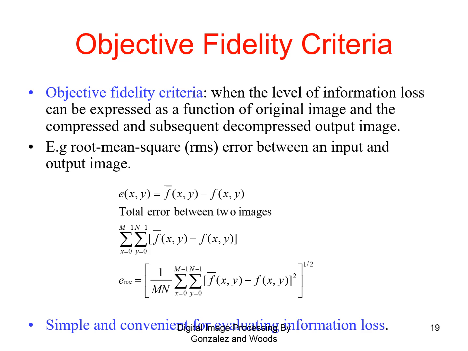The root mean square error between input and output image is given by e(x,y) = f bar(x,y) minus f(x,y), where f(x,y) is the original image and f bar(x,y) is the decompressed image. The formula is given here and we can compute the ERMS. It is a simple and convenient technique for calculating the information loss.